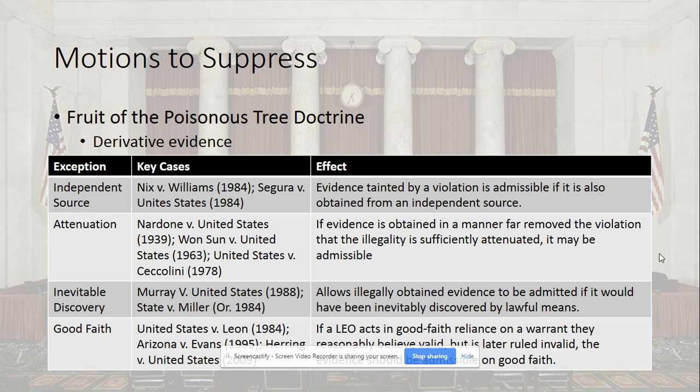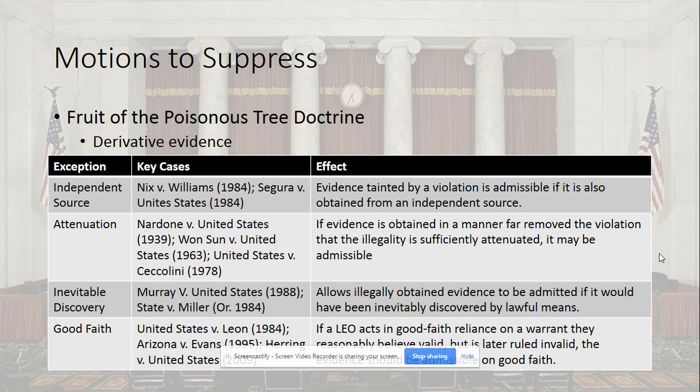And then we have the good faith exception. This is the one that most often occurs. Say I go and get a search warrant and I articulate the facts in the warrant and the magistrate signs the warrant. And so we go out, we execute the warrant, collect a whole buttload of evidence.